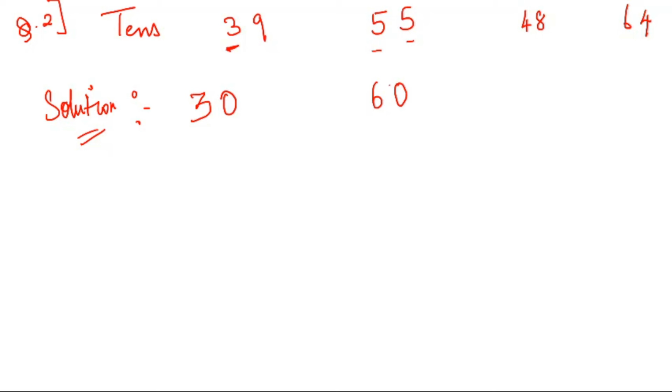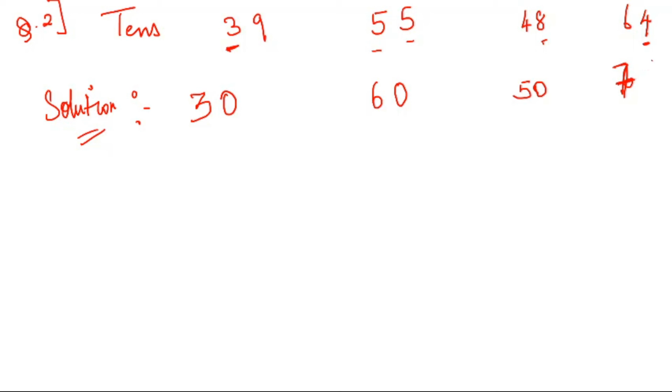So it will become 50. Next, 64: 4 is less than 5. 6 will become 7 and 4 will become 0. It will be 70. So 30, 60, 50 and 70 will be your answer.